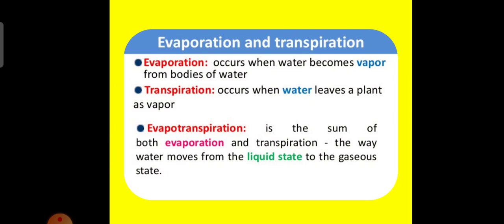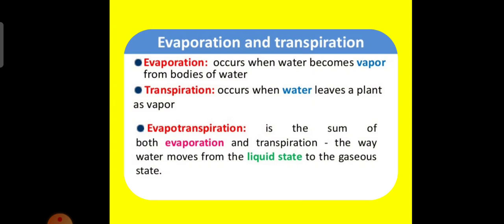What is the difference between evaporation and transpiration? Evaporation is when water becomes vapor. Water is a liquid. When water changes into a gaseous form, that is known as evaporation.